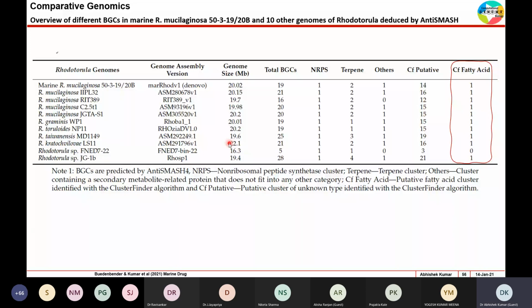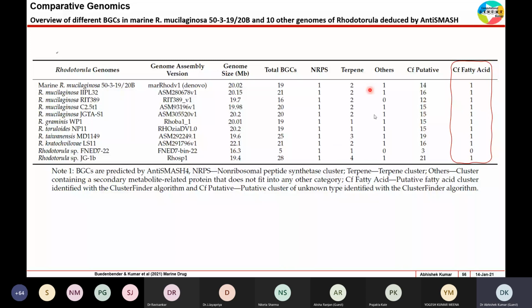And 20 MB genomes produce very similar biosynthetic gene clusters, 19. In one of the cases, they have 21, and one exception is that they have 5. So we made predictions ourselves, and then we saw that there is one NRPS, 1 to 4 terpenes, and one other kind of unknown cluster.